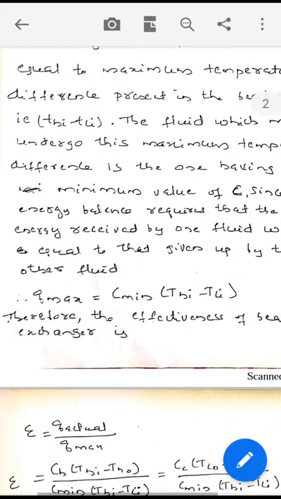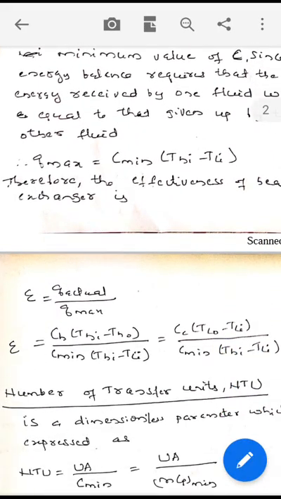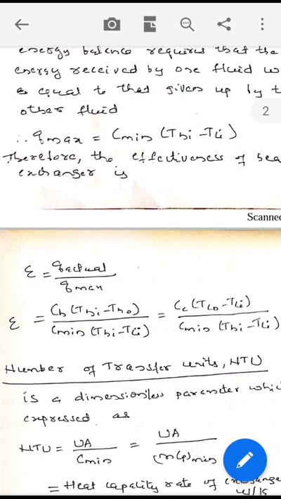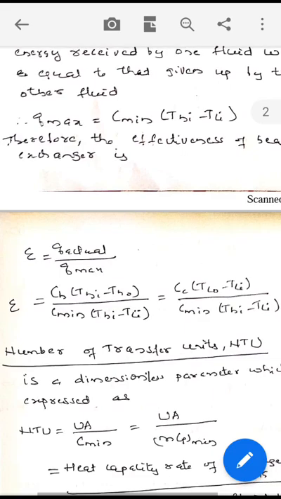Now the maximum heat transfer, Q max, is obtained if one of the fluids undergoes the maximum temperature difference available in the heat exchanger, that is T_HI minus T_CI.